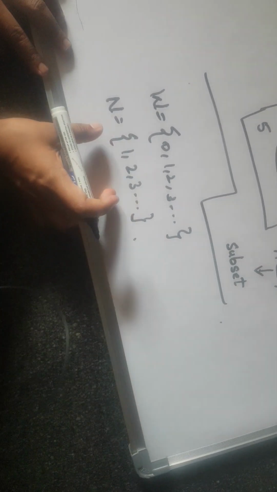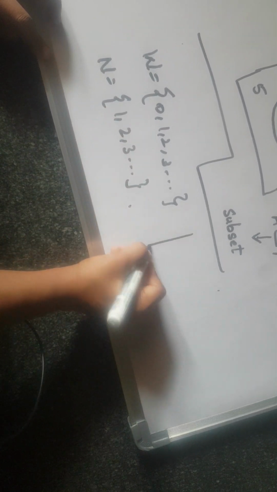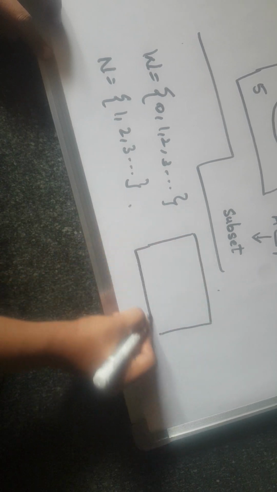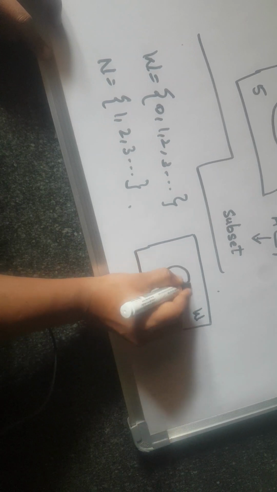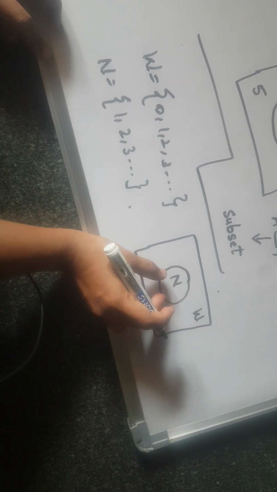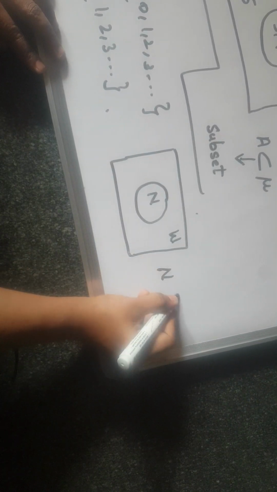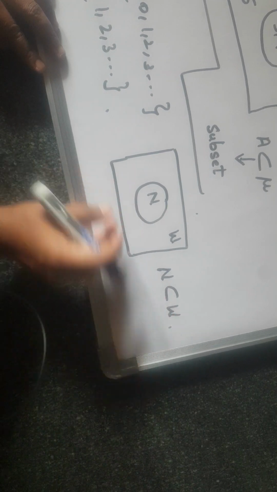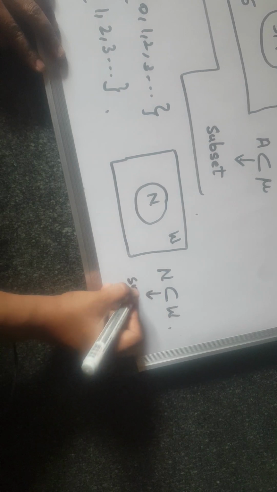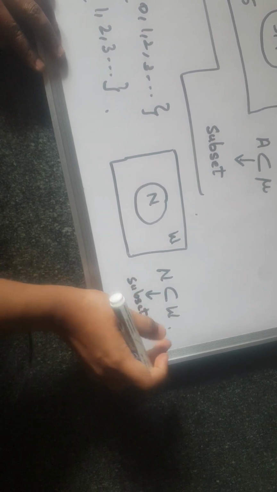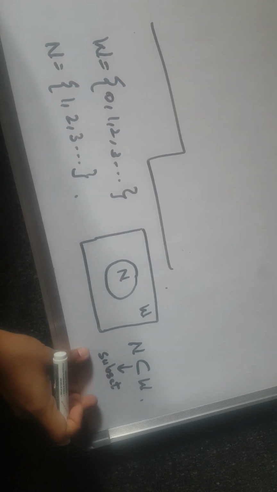So all the elements of natural numbers are present in W. With the diagram, W represents the whole numbers and N represents the natural numbers, meaning all the natural numbers are present in W. So we can write this as N is a subset of W. This is called a subset. This is the concept of subset.